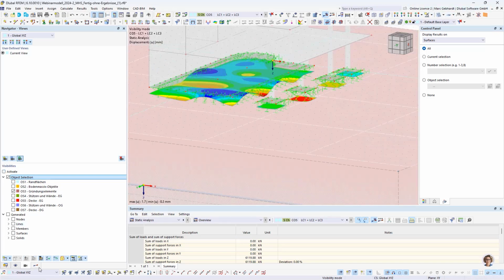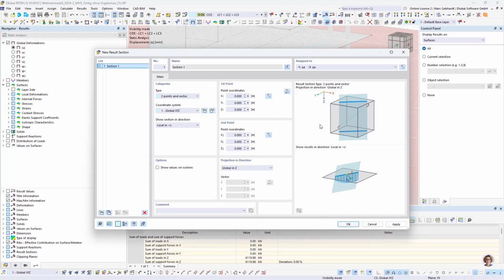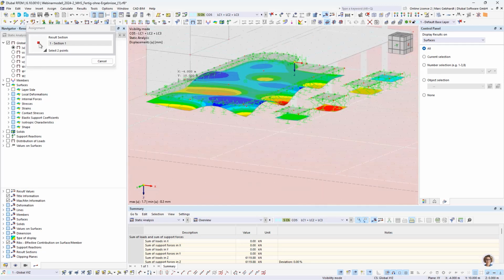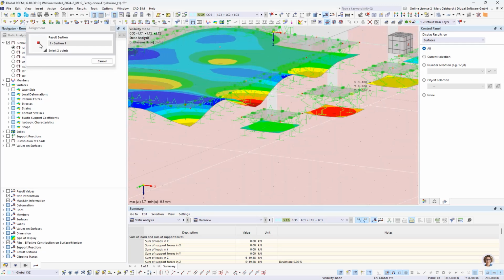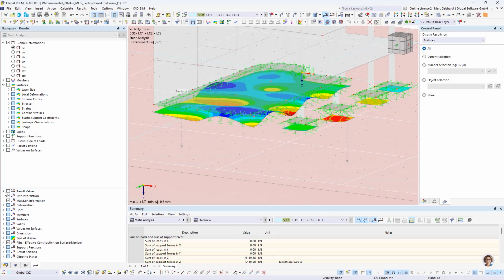So now we can also go through a result section and define this from here to net for the surface, and let's show the values on this result section.